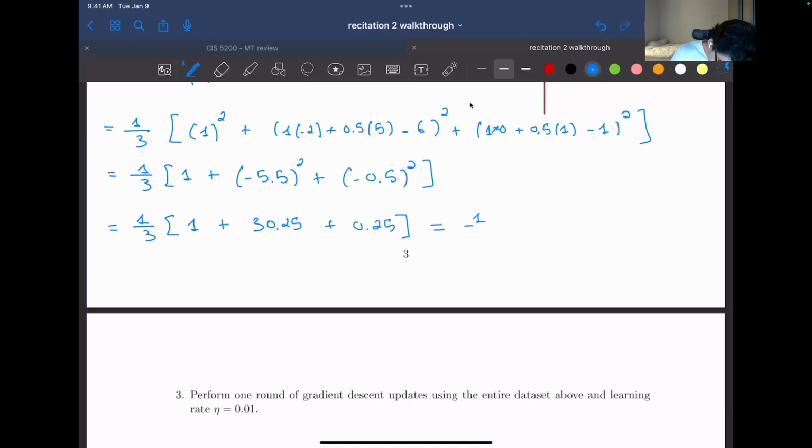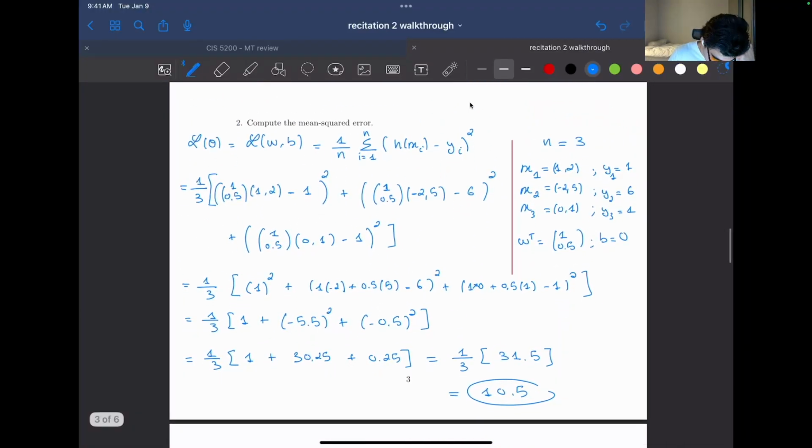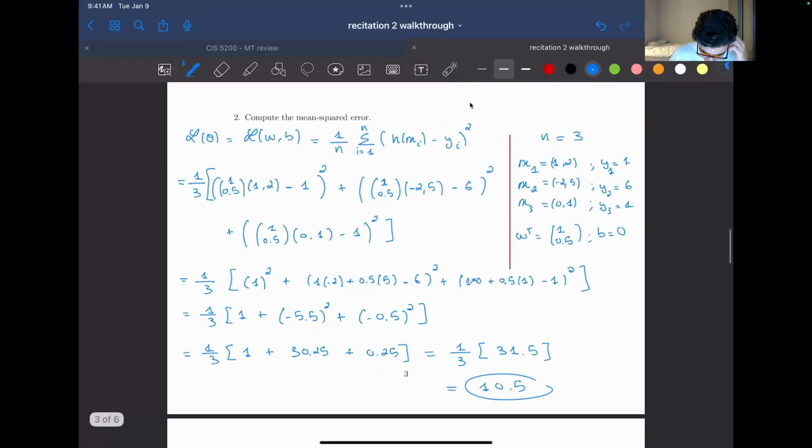So this is all equal to 1/3 times 31.5, which is 10.5. Yes. So that's how we compute the mean squared error.